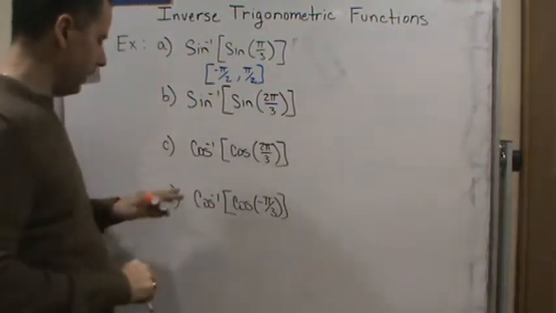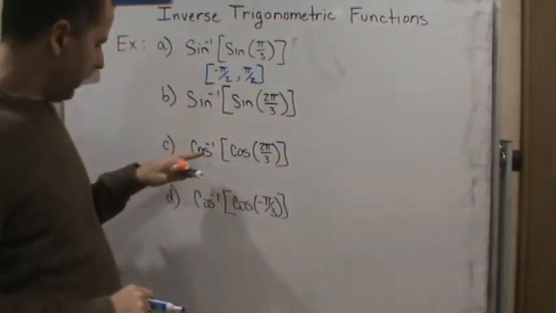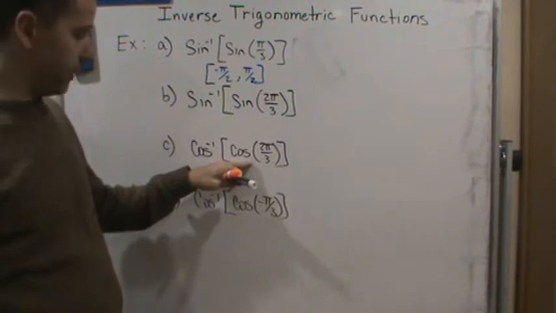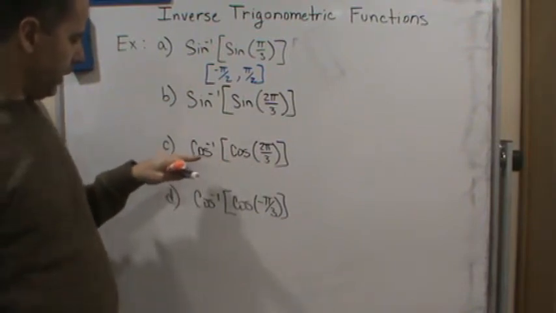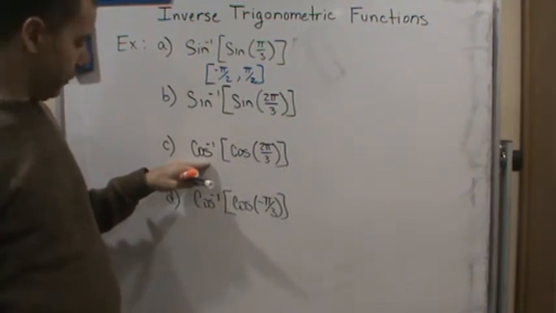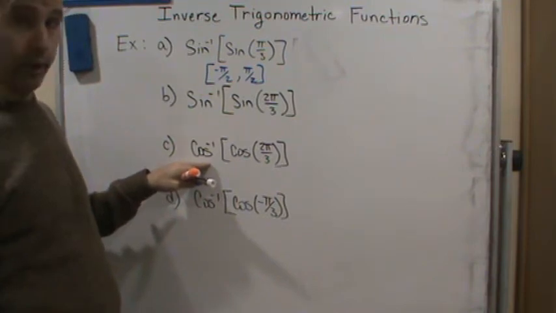to pi over 2. Now for cosine inverse with cosine, again, the cosine function has a domain that we're restricting to 0 to pi. The inverse cosine domain is negative 1 to 1.